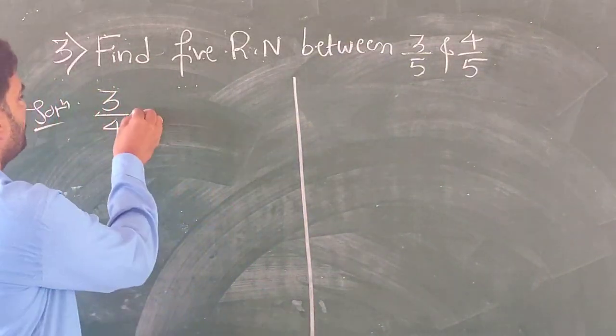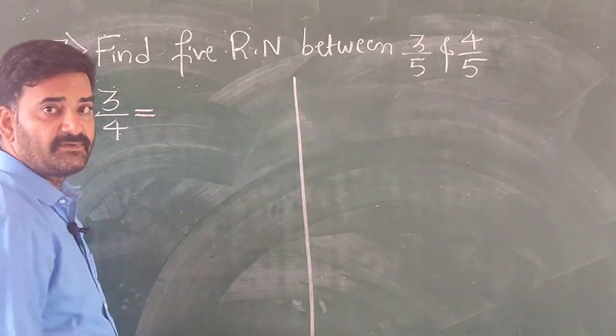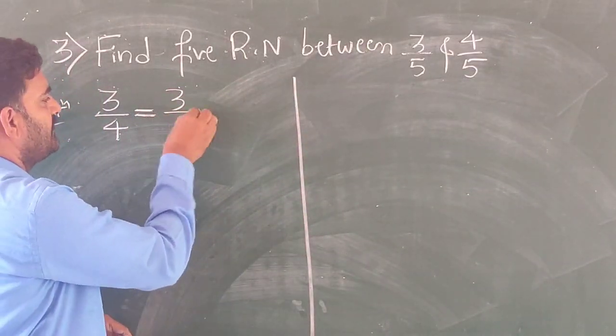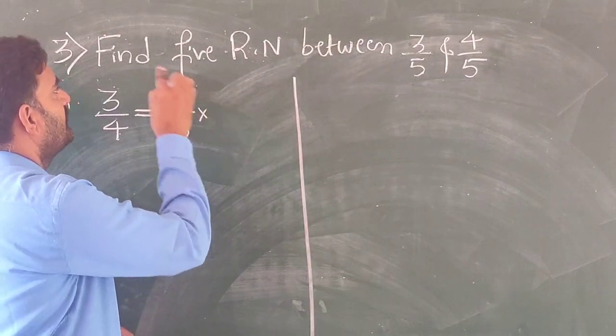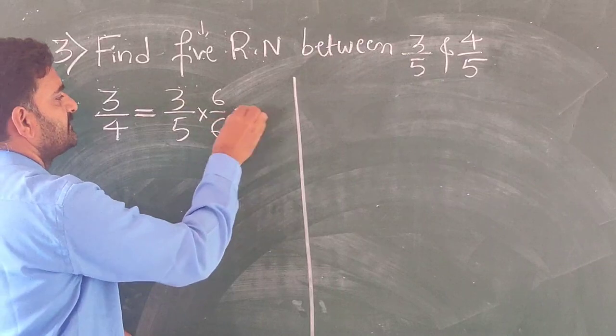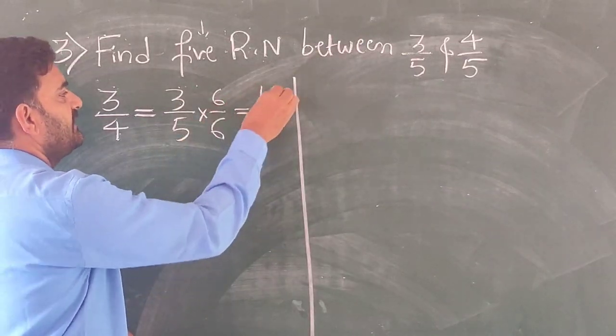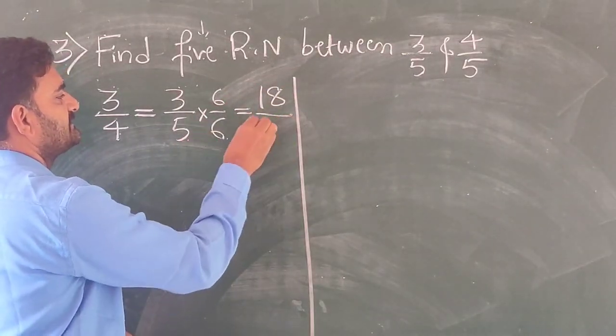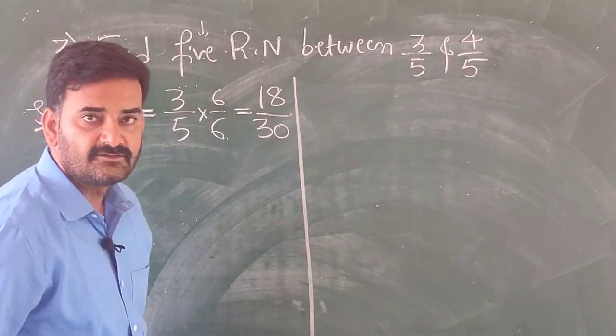We will do that. First number we take, 3 by 5, into, after 5, that is 6, 6 by 6. 3 sixes are 18, 5 sixes are 30. Very simple.